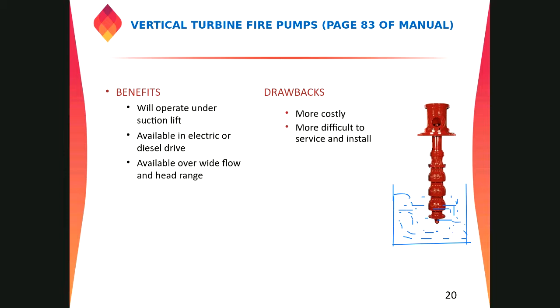Cavitation is not good for the centrifugal fire pump. It will damage the impeller and reduce the capacity and performance of the pump. So if we have an underground storage tank, and above that we have the pump, we have only one option: the vertical turbine pump. Right?